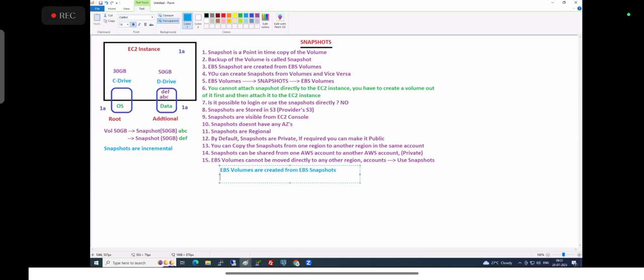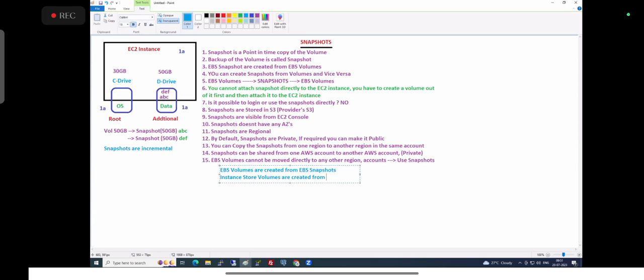Root volumes are classified into two types: EBS volume and instance store volume, correct? EBS volumes are created from EBS snapshots. But how about instance store volumes? Who will create these instance store volumes? AWS only, no? Do we create instance store volumes? No.